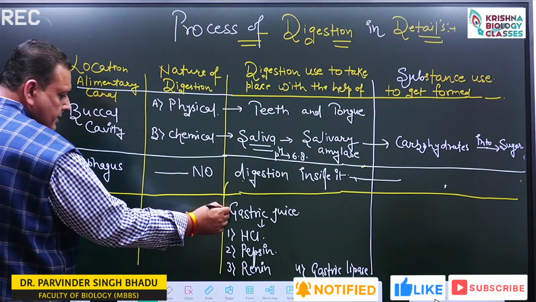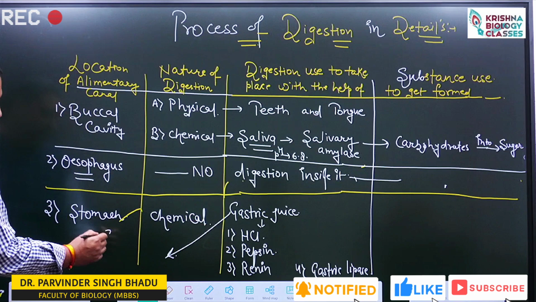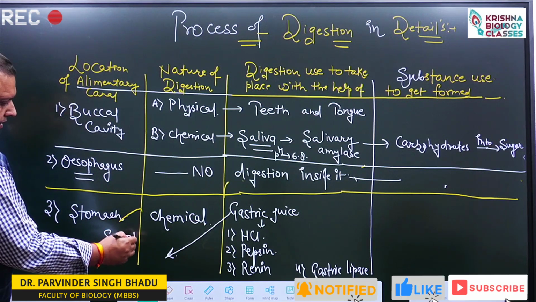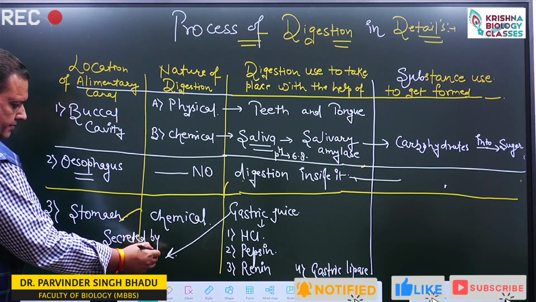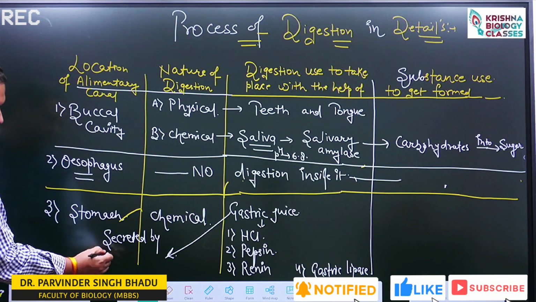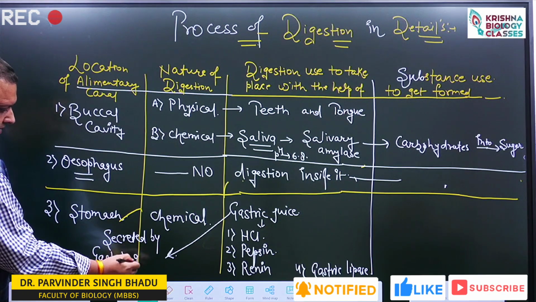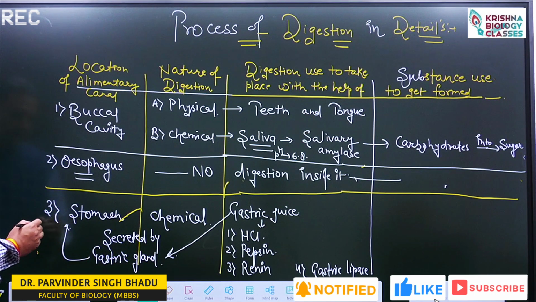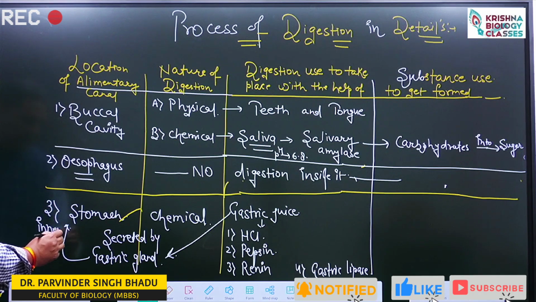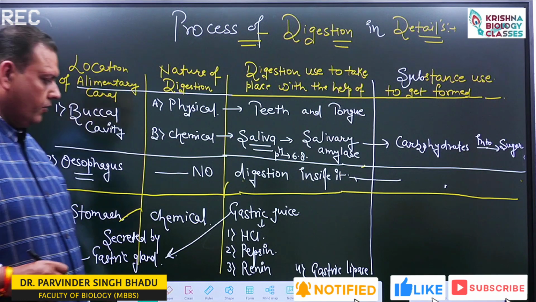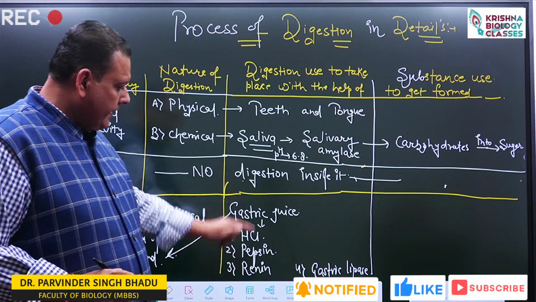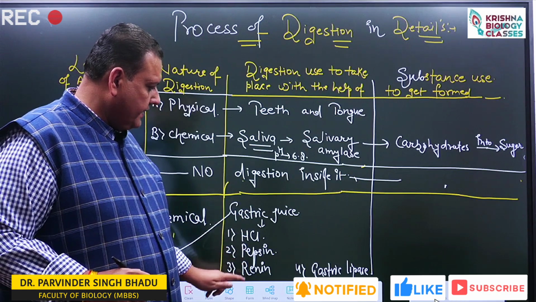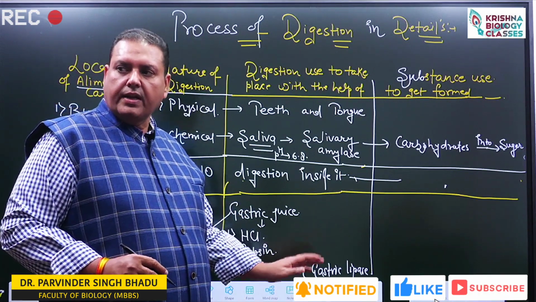Okay, so this gastric juice is secreted by gastric glands present on the inner surface or inner lining of the stomach. Now, it contains HCl, pepsin, renin, gastric lipase as well as mucus.